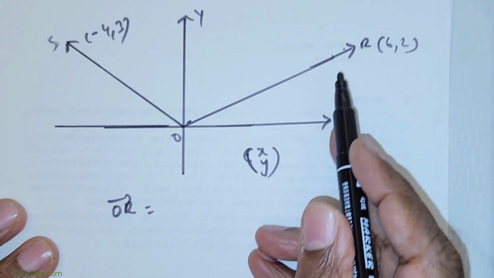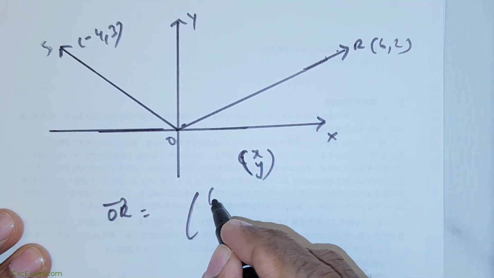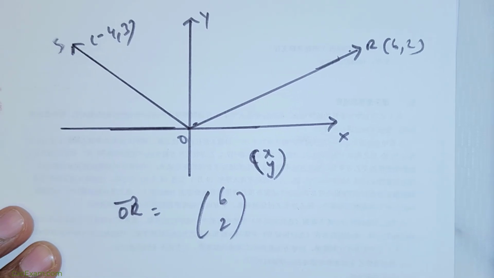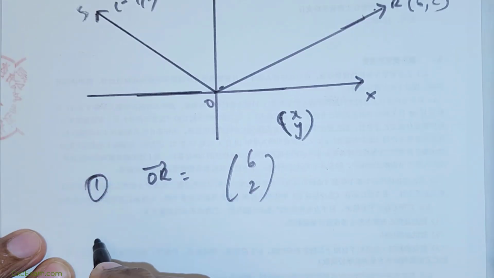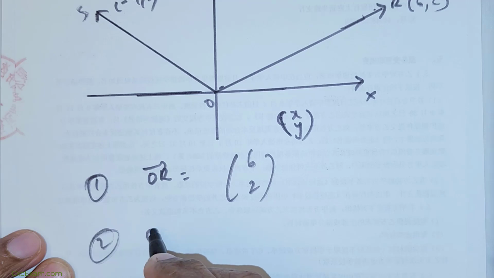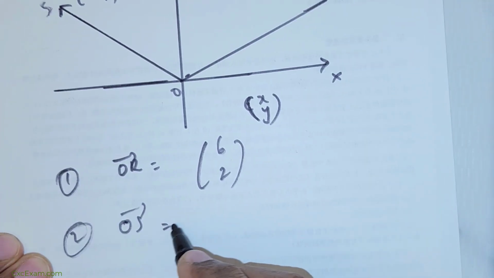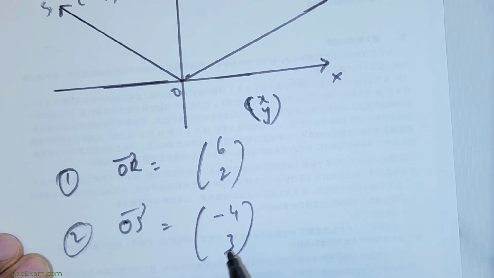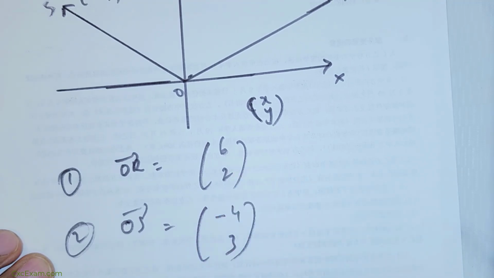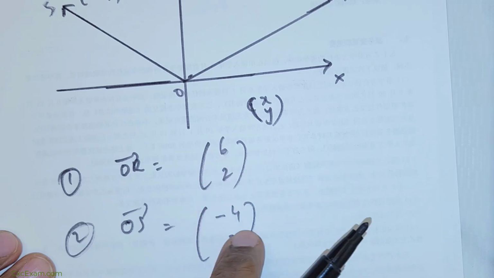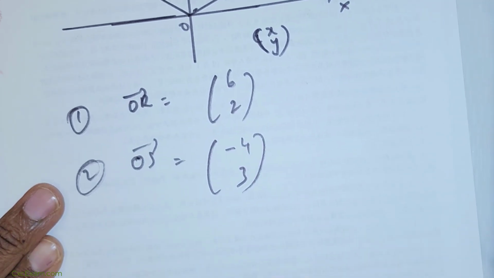OR. Okay, OR. So what is OR? OR is [6; 2]. So this is the first part. Second part, we have to write OS. So what is OS? OS is [-4; 3]. So this is the way you need to write. Don't draw any lines in between. That's incorrect.